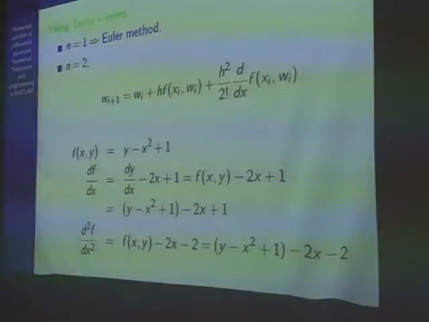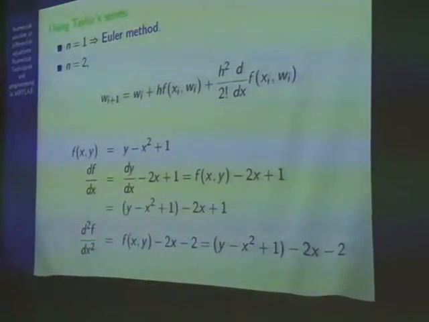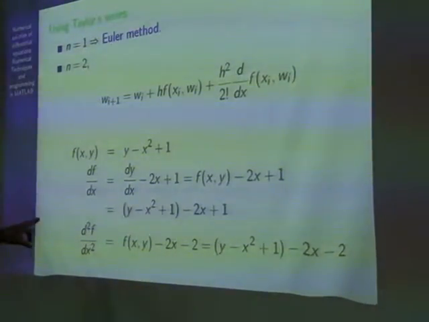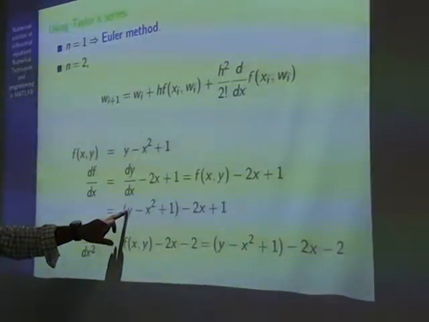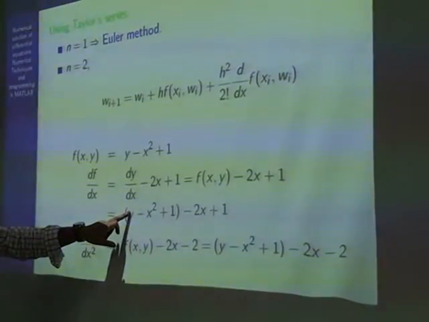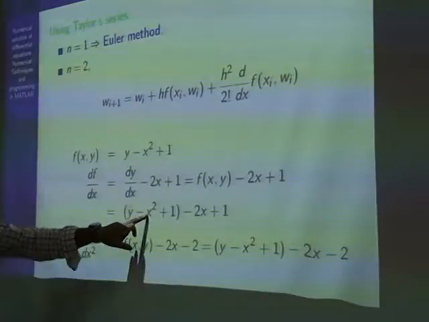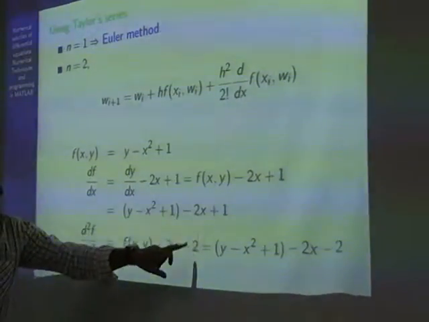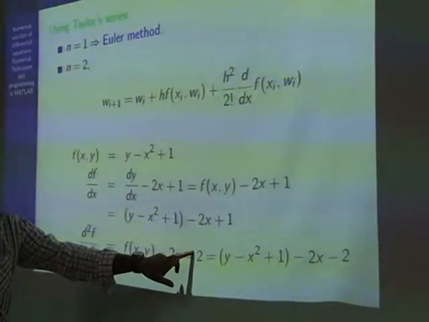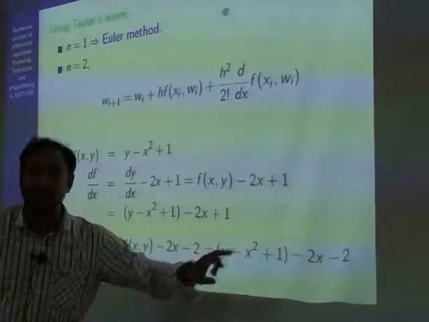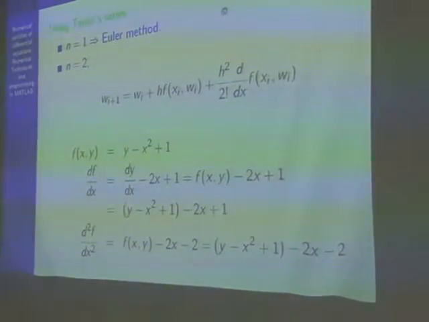If you want to differentiate it again, differentiate this again. Here you get dy by dx, which is your f of x, y minus 2x and minus 2. Correct? Similarly, you can compute all possible derivatives with the help of this.